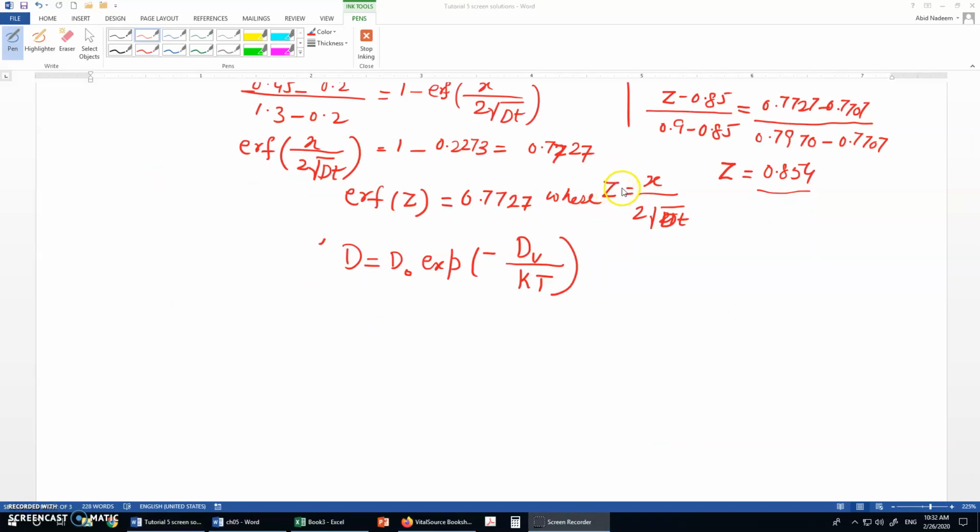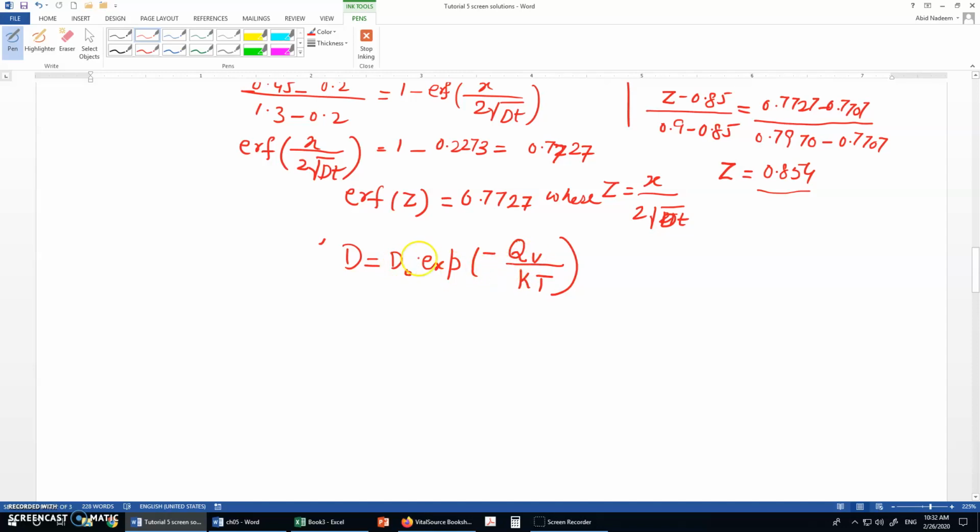So now we know that z is equal to x over 2 root Dt, where D is the diffusion coefficient. We don't know the value of D, and t we want to find. The diffusion coefficient can be found from this equation. Okay, let me correct it. D equals D naught times e to the power minus QV over RT, where D naught is the diffusion pre-exponent and QV is the activation energy.